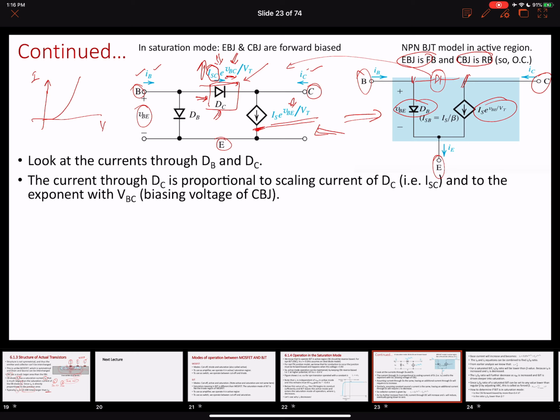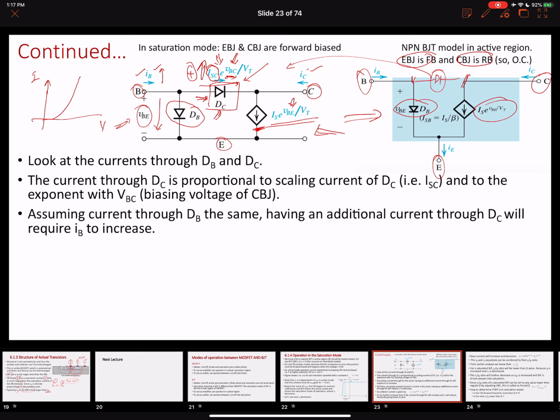When this diode appears, we are going to have a positive current flowing into this branch through the diode DC. And if we want to keep the current flowing through this p-n junction, through this diode, the same because of this biasing voltage, this means that our IB needs to be increased. Now my base current will increase.